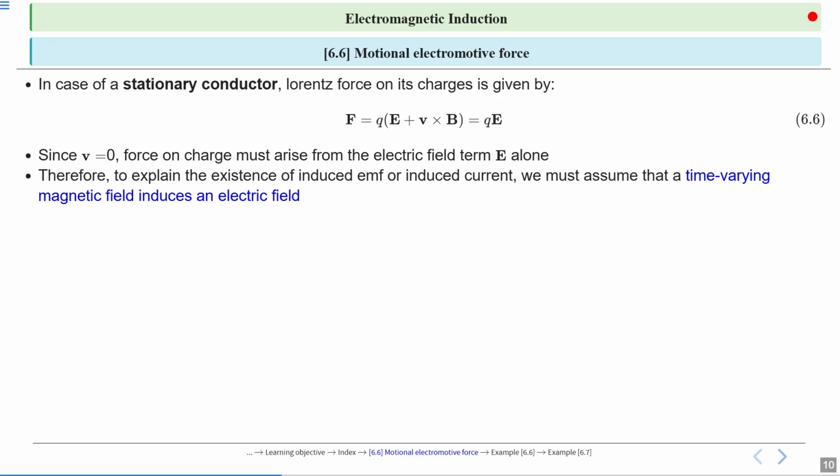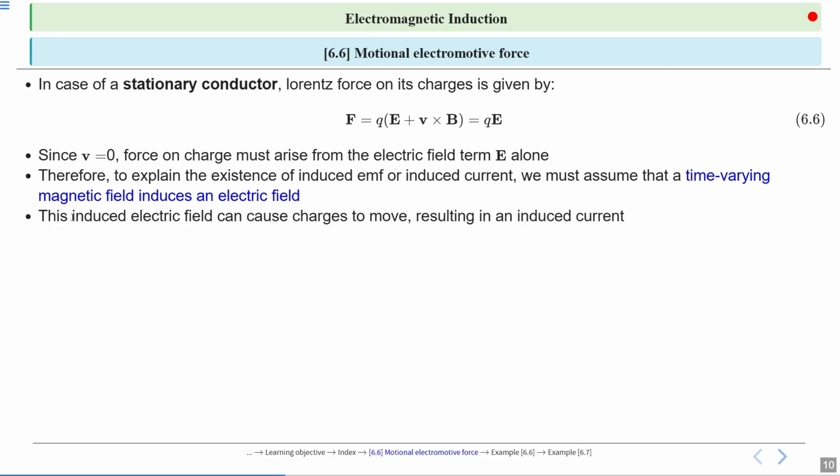To explain the existence of induced EMF or induced current, we must assume that a time varying magnetic field induces an electric field. This induced electric field can cause charges to move, resulting in the induced current.